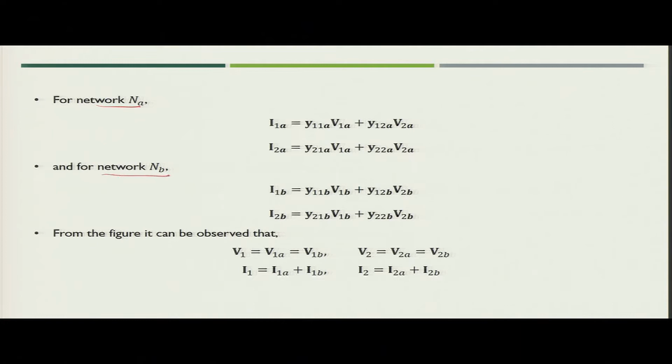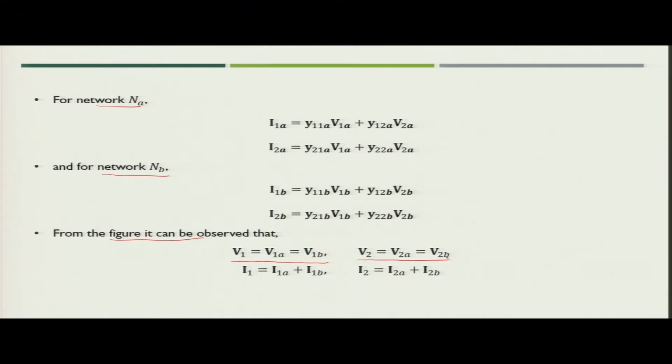Now, for the network B, we can again write the equations in terms of the y parameters y11B, y12B, y21B, y22B and the voltages, that is V1B and V2B, in the same manner as we wrote for the network A. Now, when we see the figure, we can easily observe that since both networks are connected in parallel, we can say V1 is nothing but equal to V1A and equal to V1B.